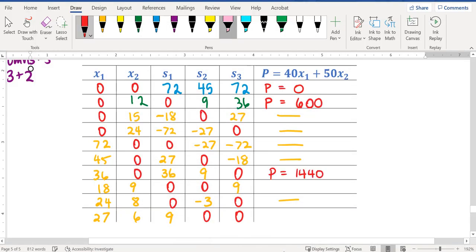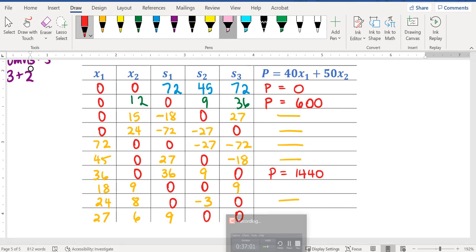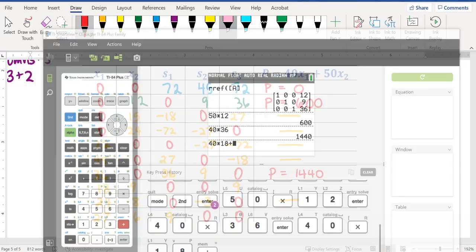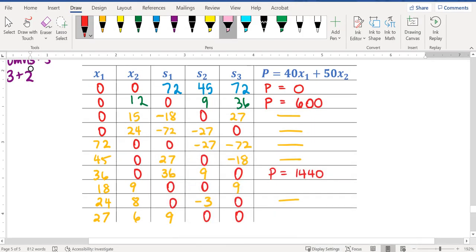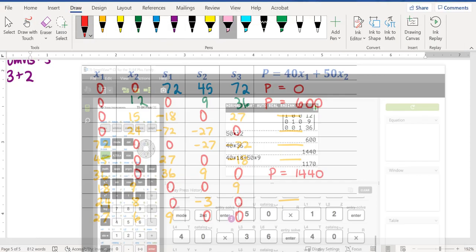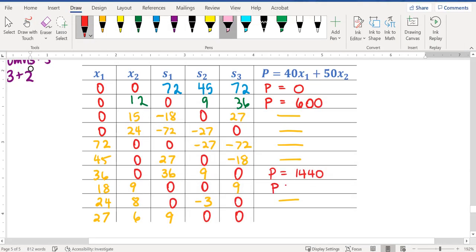For this one, I get 18 and 9, so 40 times 18 plus 50 times 9 is 1170. And last but not least, 40 times 27 plus 50 times 6 is 1380.